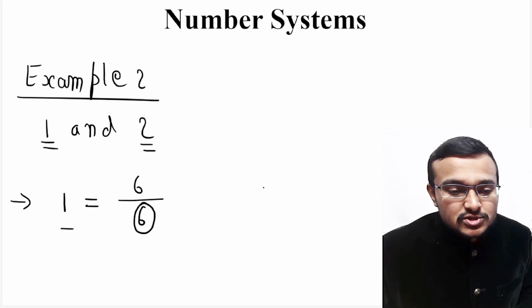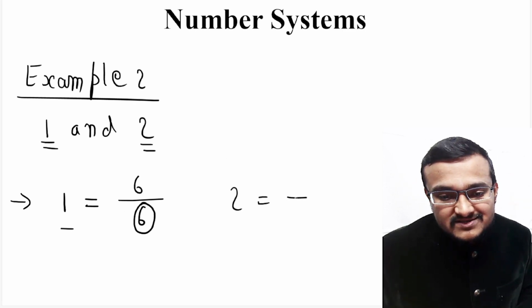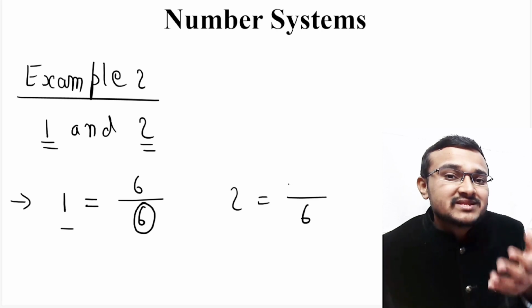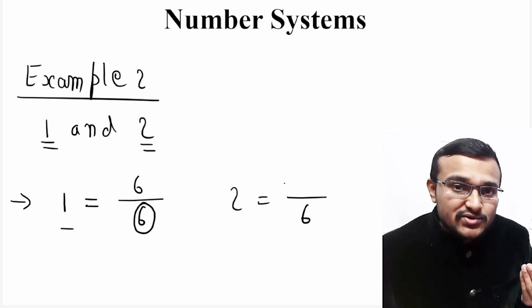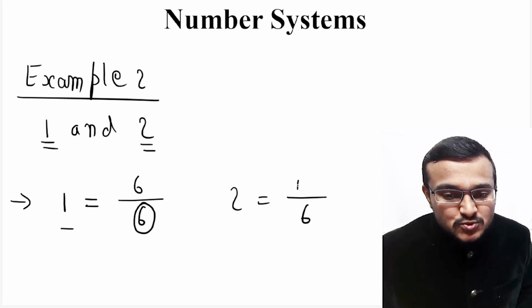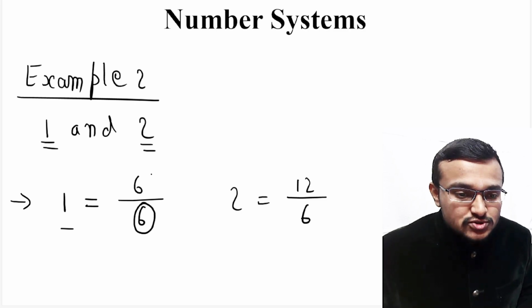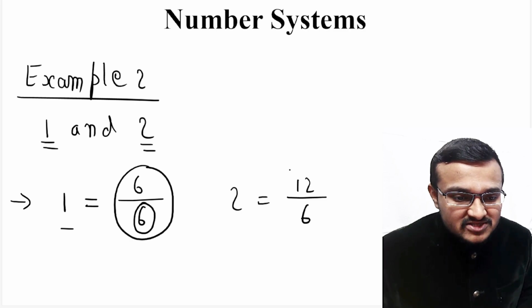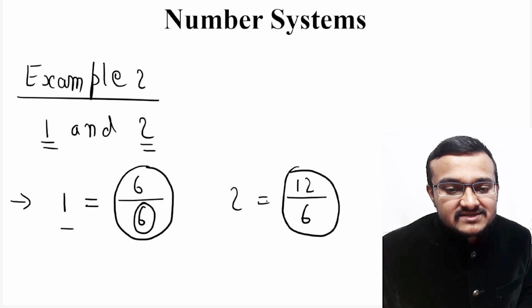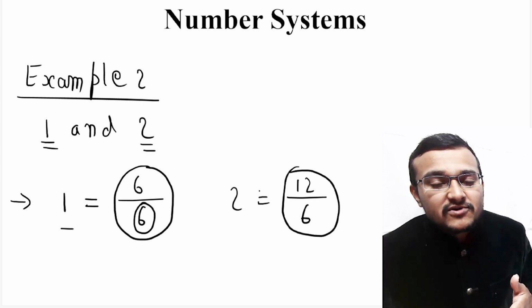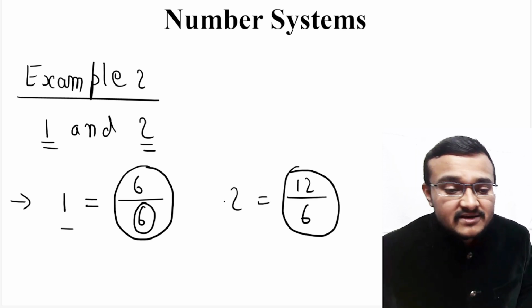So now you want 2. So again in the denominator I want 6. So what number should be there in the numerator in order to get 2? 12, because 12 by 6 will give you 2. So numbers between 6 by 6 and 12 by 6 can be examples of rational numbers in between 1 and 2.